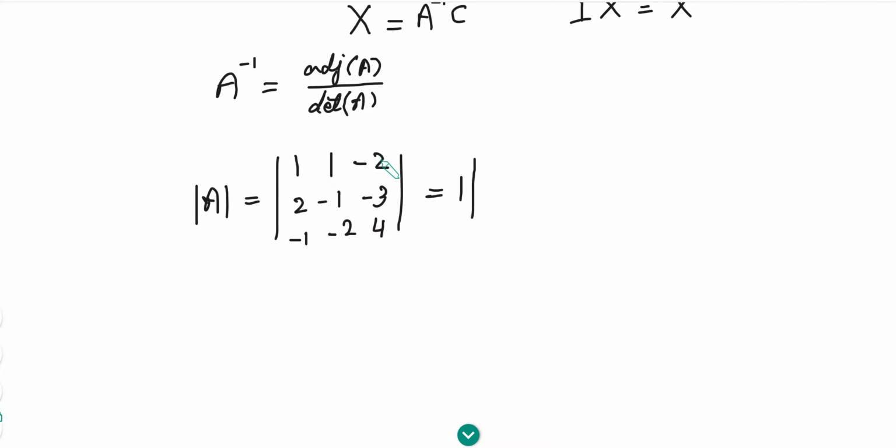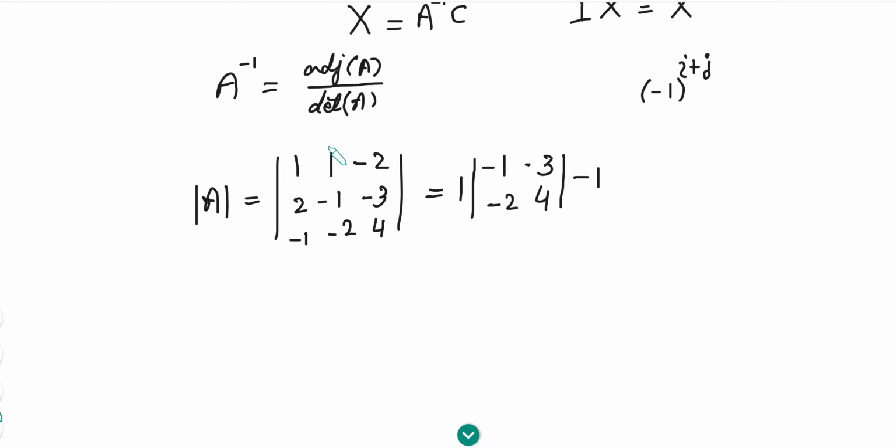Minor means that you leave out the first row and the first column, and you are left with -1, -3, -2 and 4. The next element is 1, and this one will go with a negative because the rule is that we multiply by (-1) to the power i plus j. Here i is the row number and j is the column number.